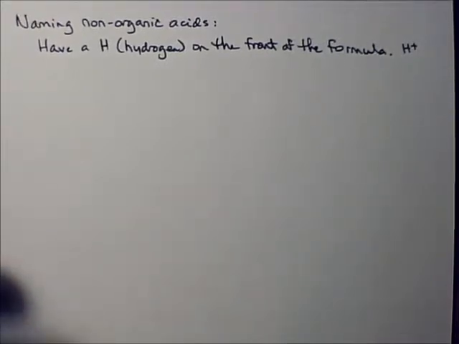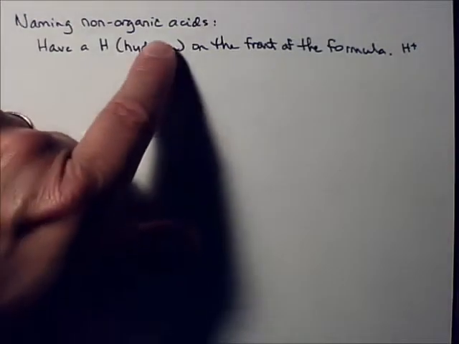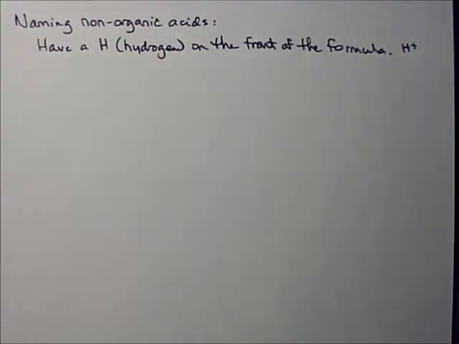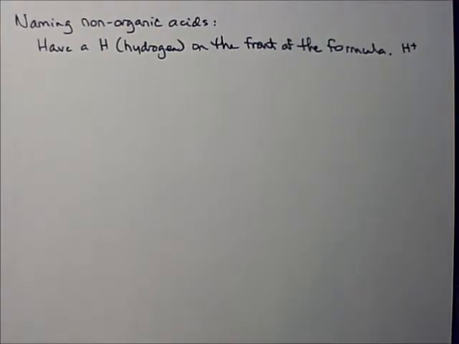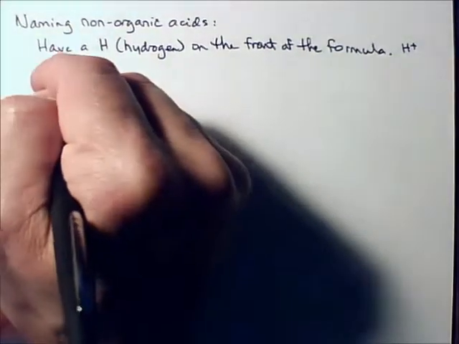You also have to know how to name ionic compounds first, because the way that we name all acids, regardless of their class, as long as they're non-organic, is to name them first like they're an ionic compound, and then change the name.